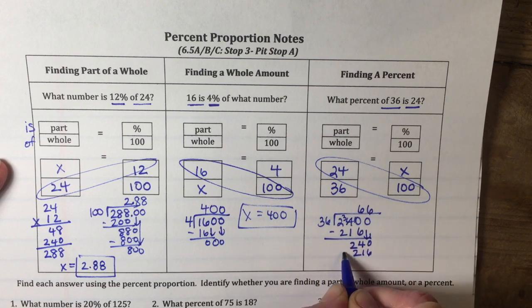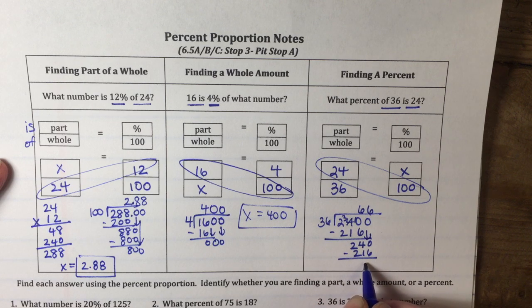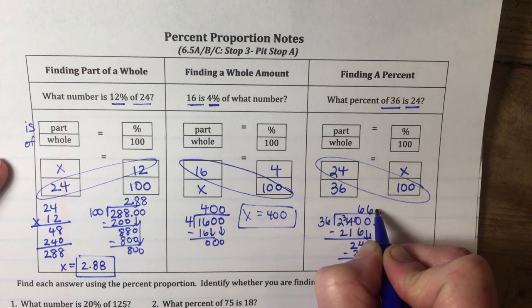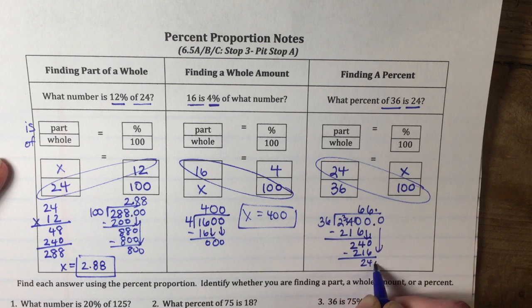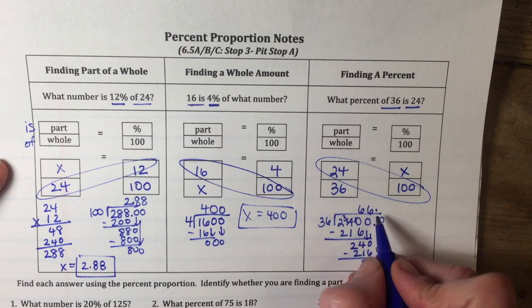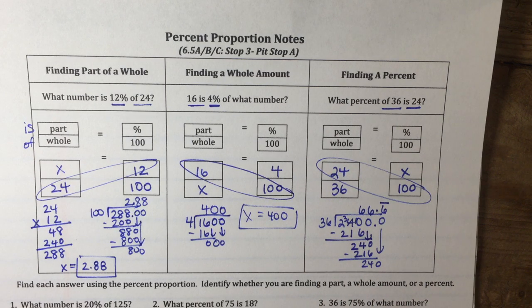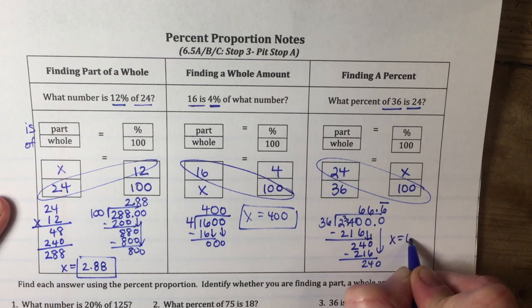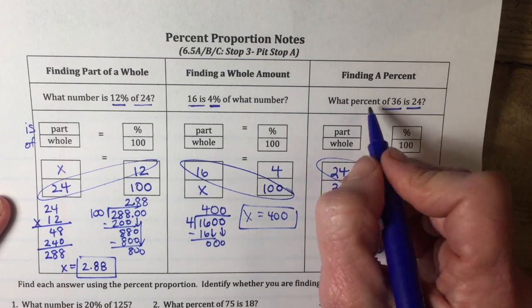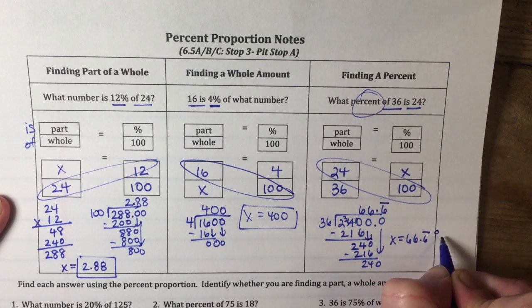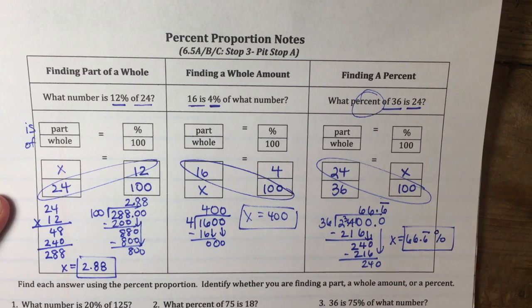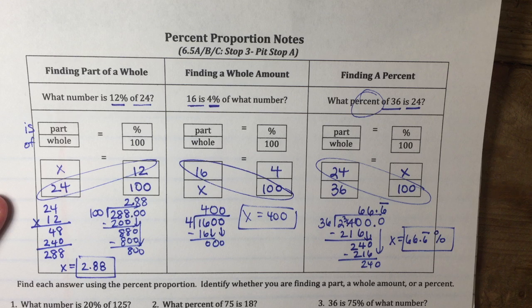So I should start to see that this is repeating. I can add a decimal and a 0, bring it down, because I'm not going to start repeating it until it's a decimal. So this is 66.6, and then I'm going to show that it's repeating by using that line there. And then on this problem, x is equal to 66.6 repeating, but because they asked for a percent, I want to go ahead and include that percent sign as part of my answer. So there you go, 66.6 repeating percent.